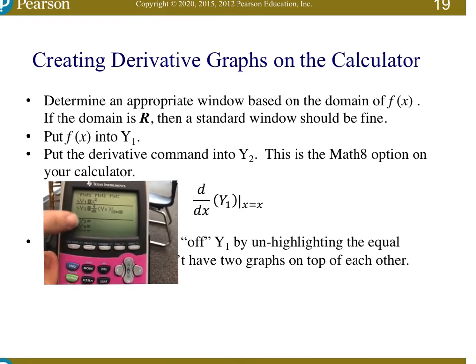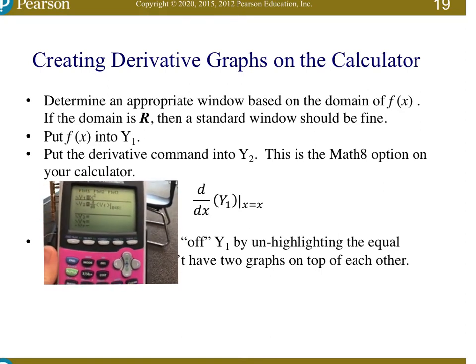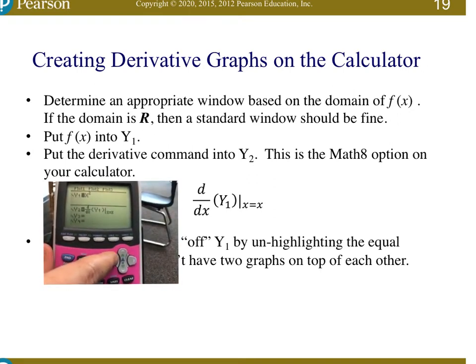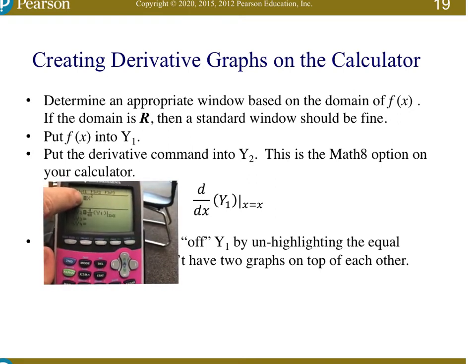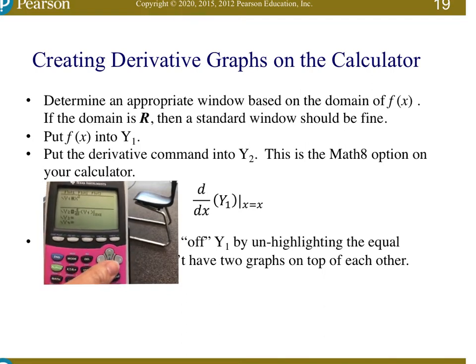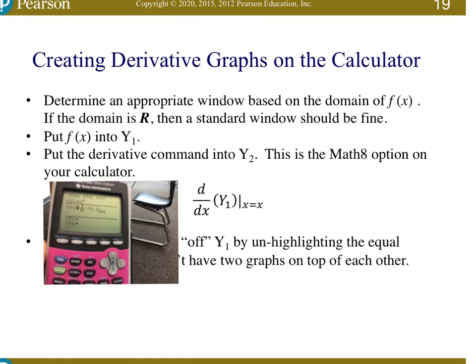Now right now it's set to graph two things. See how both of these are highlighted? You want to just graph the derivative. So go back into your y1 and put your cursor on top of the equal sign. So it's blinking right now, and hit enter while it's sitting there. And then what that does is it unhighlights that one so that your calculator isn't trying to graph two things at the same time.